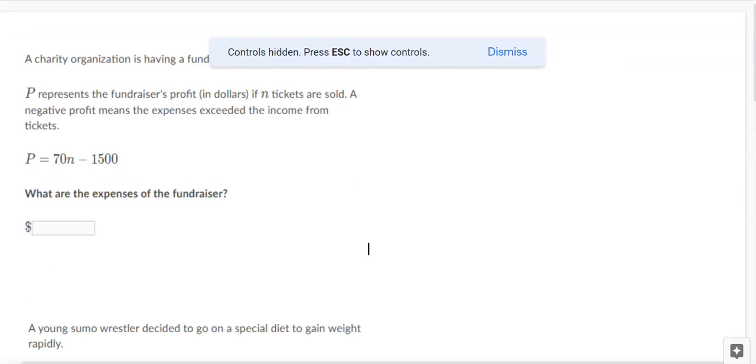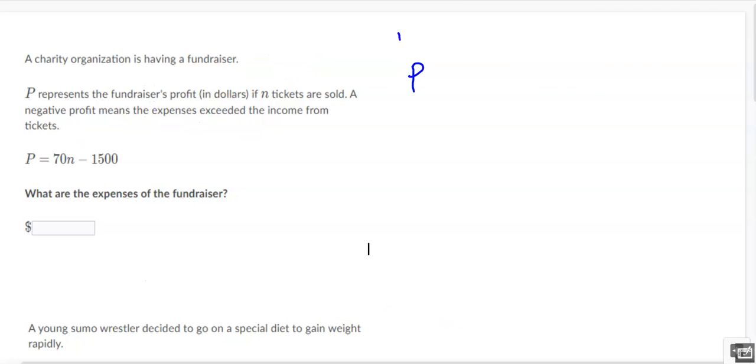So the first one says, a charity organization is having a fundraiser. P represents the profit. So over here to the side, I'm going to try to get all this stuff down. P is our profit, how much money we make after we pay all our bills, in dollars, if N tickets are sold.